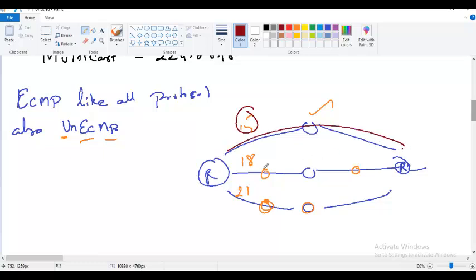Okay, what else? EIGRP uses autonomous system number. I told you that also. Now, if I have one router connecting to another router, connecting to another router, R1, R2 and R3, and let's say this is running EIGRP 10, this is running EIGRP 10, and this is running EIGRP 20. Will I be able to ping from 3.3.3.3 to 2.2.2.2 and 1.1.1.1?